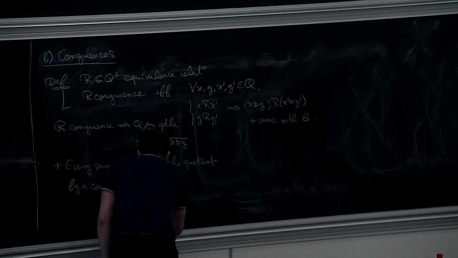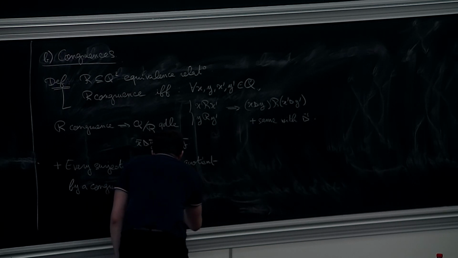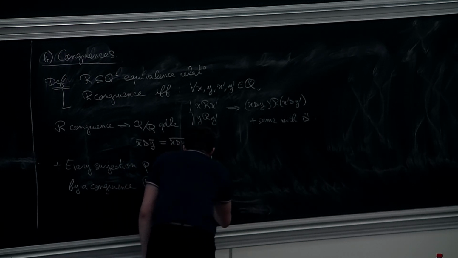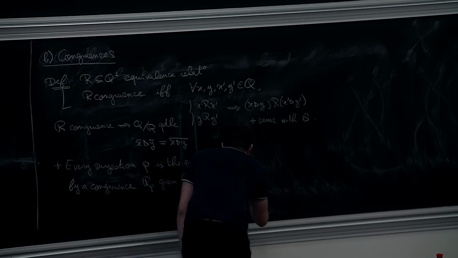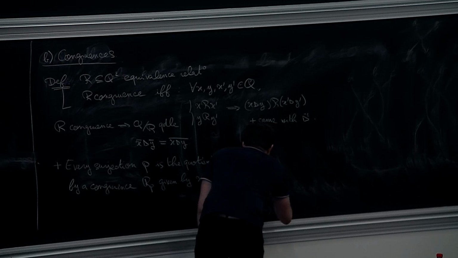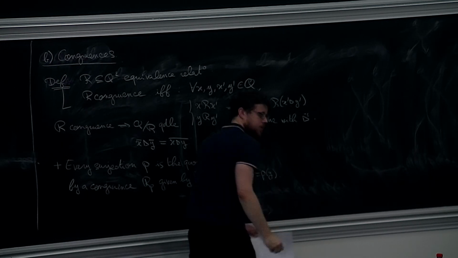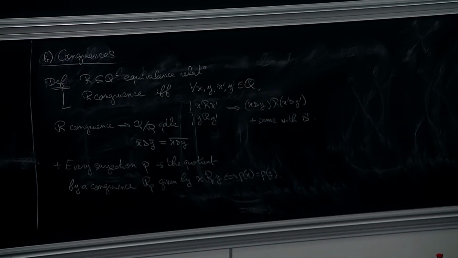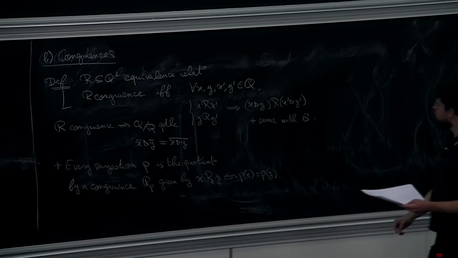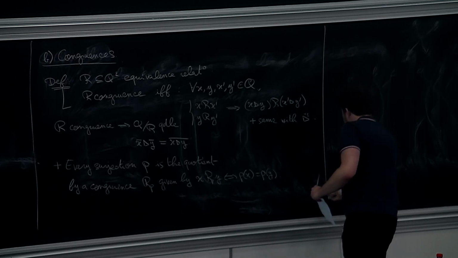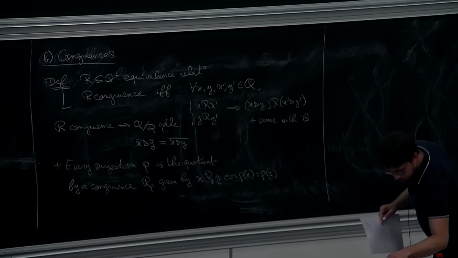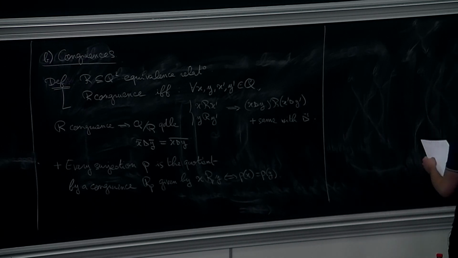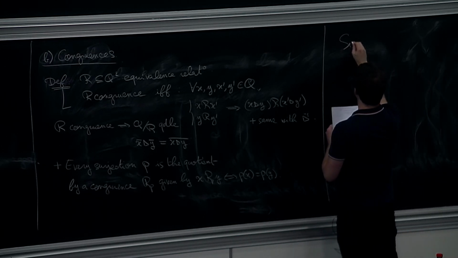And this congruence is just the one given by x is equivalent to y if and only if they are sent to the same element in the quotient, up to isomorphism. Let me give you two other facts about congruences, and then I'll talk a bit about profinite completions.